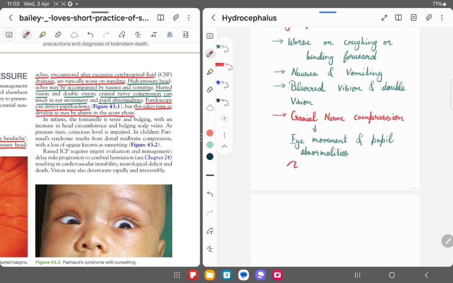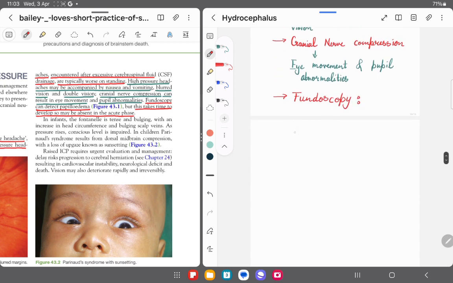On fundoscopy, we can see papilledema, and this papilledema may be absent in the acute phase.